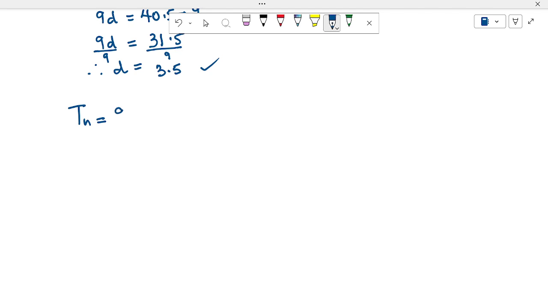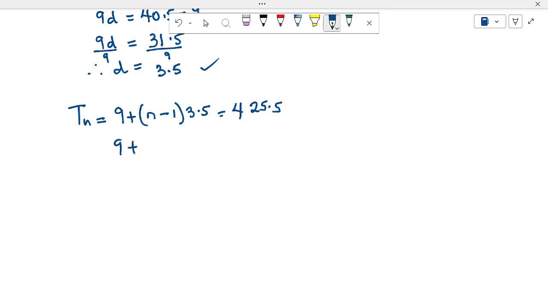The first term is 9 plus, we don't know the n. We want to know the nth term that gave us 425.5. Now, our difference is 3.5, and we know that the last term is 425.5. Okay. Open the bracket.